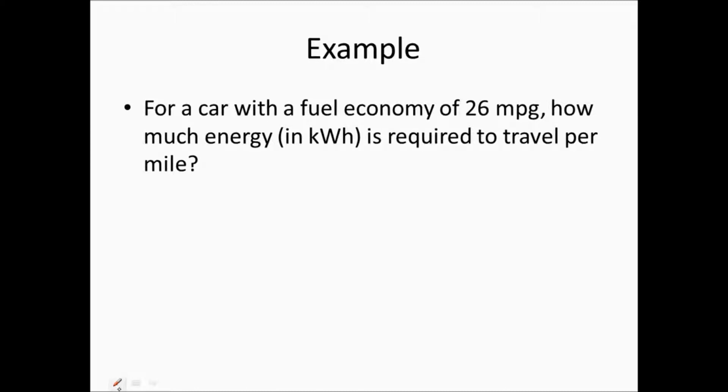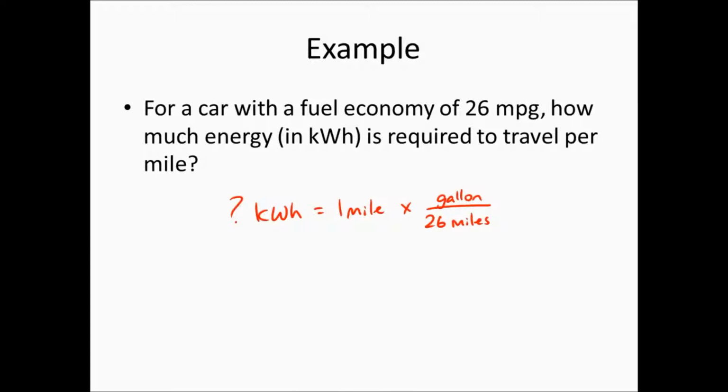So, for example, if a car has a fuel economy of 26 miles per gallon, how much energy in kilowatt hours is required to travel every mile? So, in 1 mile, okay, and you can travel 26 miles per gallon.